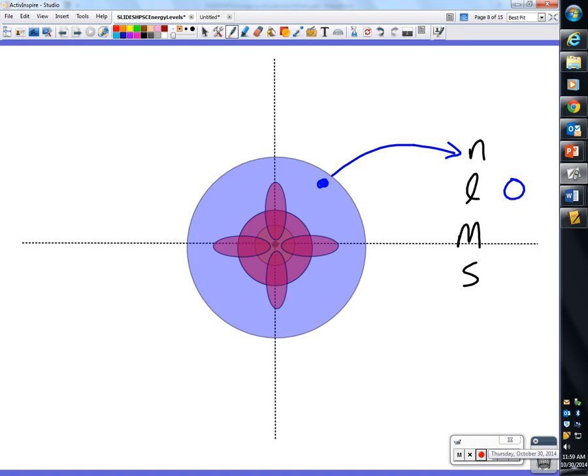But what principal energy level are we in? Now we're in the 3rd principal energy level. While all of these electrons have the same L value because they're all in spherical orbitals, they're all in different principal energy levels, so they're different from each other. Okay? Good there.